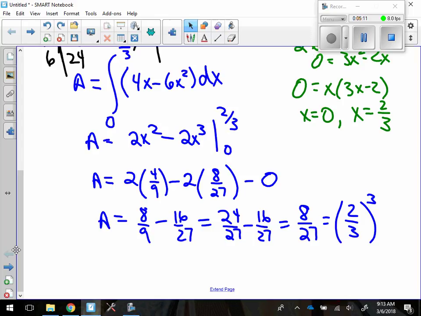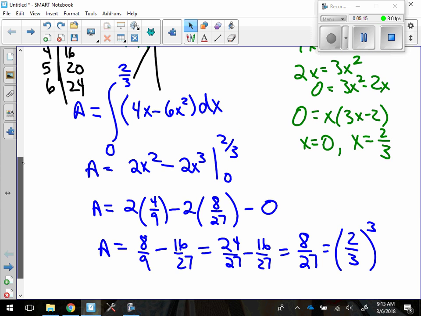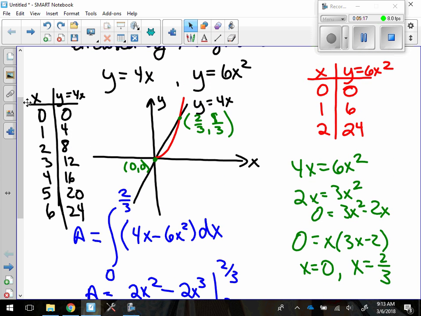It's going to get a lot harder in section 8.3, because now we're going to take this area and rotate it around an axis and find the volume of it. Oh, it's fun. It'll be good.